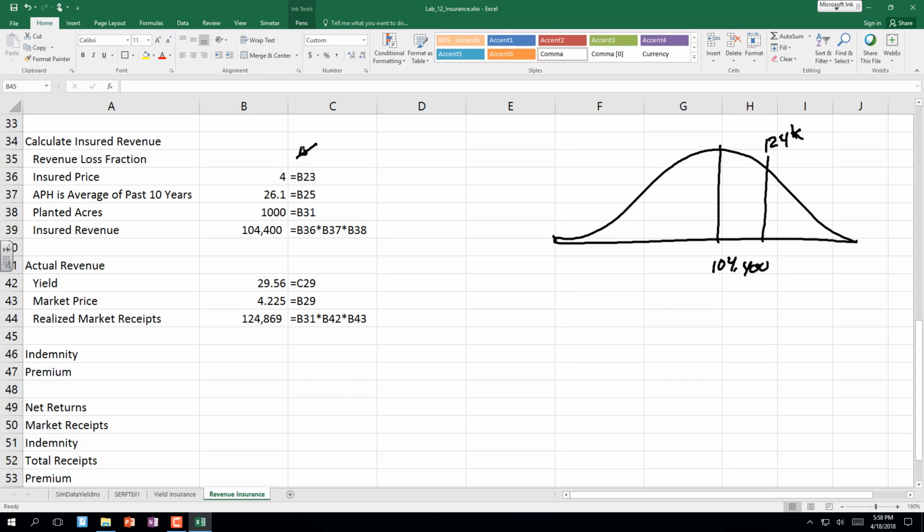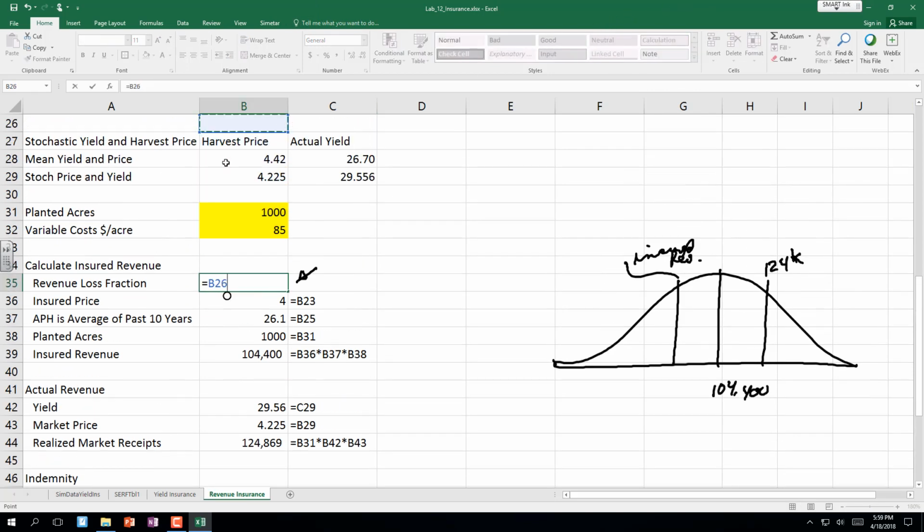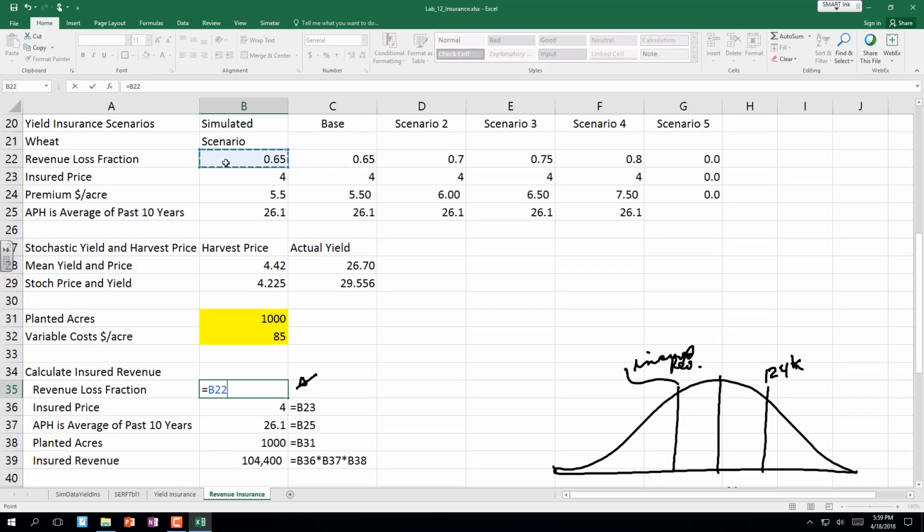This loss fraction, because we need to be at some fraction down here that we're going to insure the revenue. So let's go put that in. That loss fraction is equal to what we insured at, 65%, the revenue loss fraction.